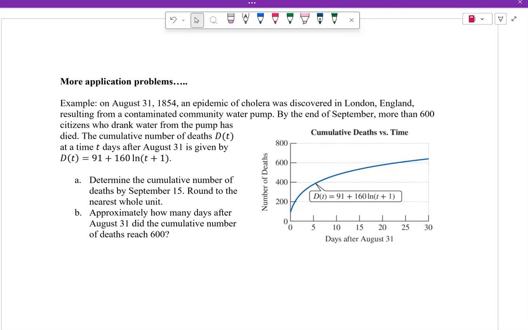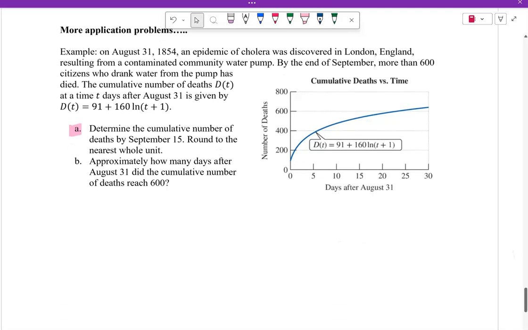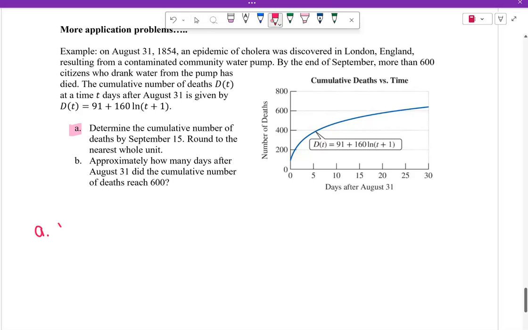The cumulative number of deaths, D of t, at a time of t days after August 31st is given by that formula. So the first thing that it wants us to do, probably do this first one in pink, is determine the cumulative number of deaths by September 15th, and then round to the nearest whole unit. So it's wanting us to know the number of deaths. So that is D of t.